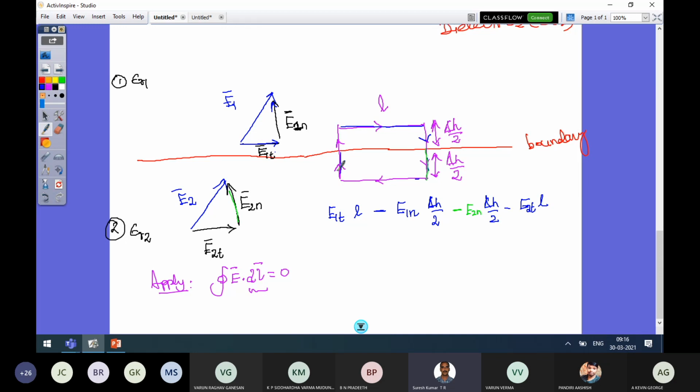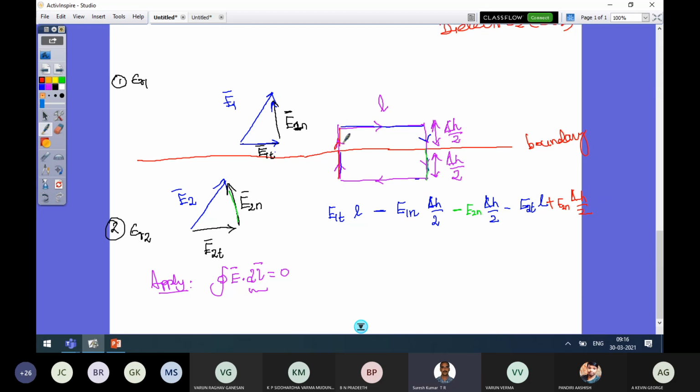Now continue to this segment, delta h over 2, and parallel to this the electric field is E2N, and both are in the same direction, so plus sign.